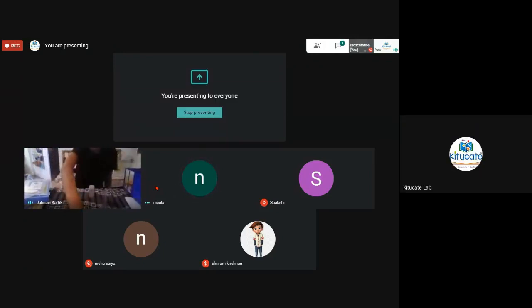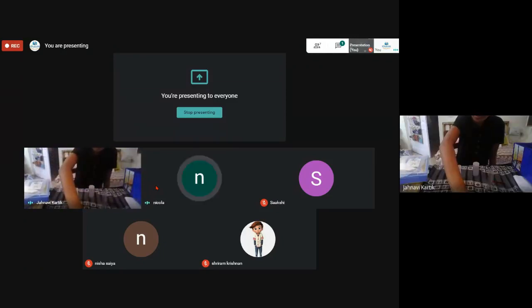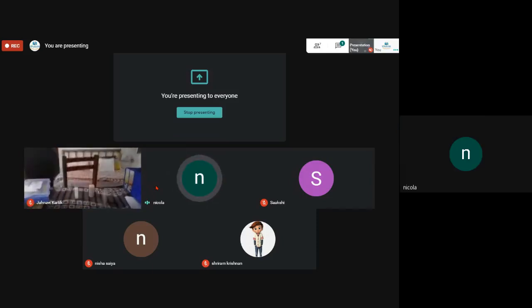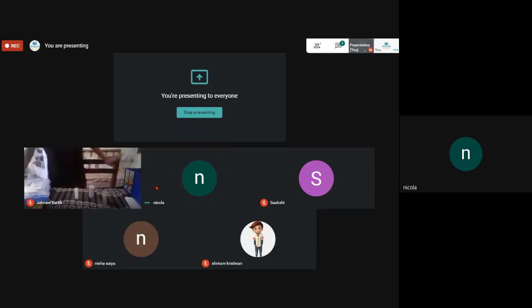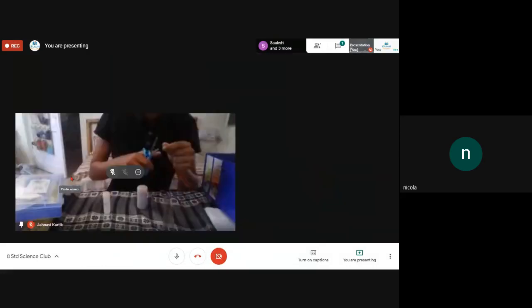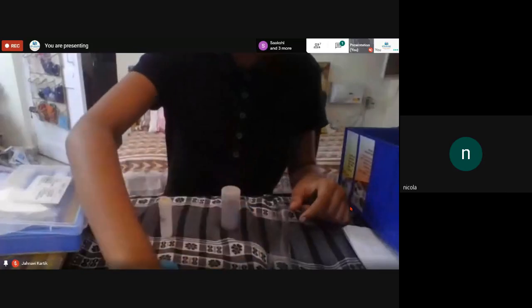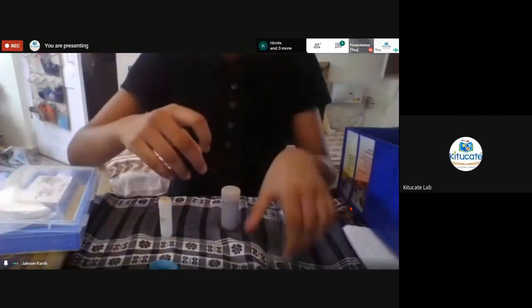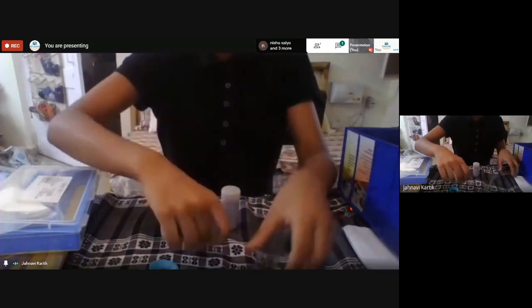Just use a scissor. Would this be enough? Yeah. Can you put 2 pieces of that size?